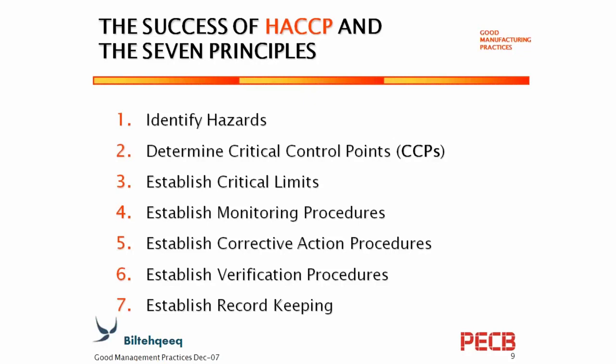HACCP is based on seven principles, and the first one is to identify hazards. You have to identify which hazards can negatively affect the quality management system of your food. And then you have to determine the critical control points, the points from where the hazards may come into your food safety management system.